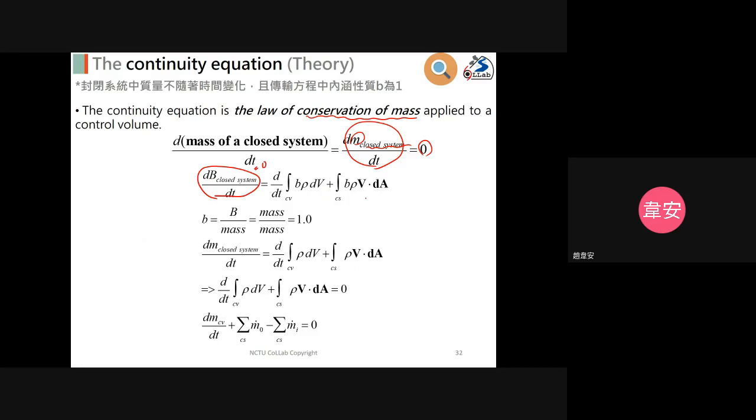And right now, our intensive coefficient b is equal to 1. And we know that b is equal to the capital B divided by the mass. So what we discussed for the extensive property is that B is the mass.